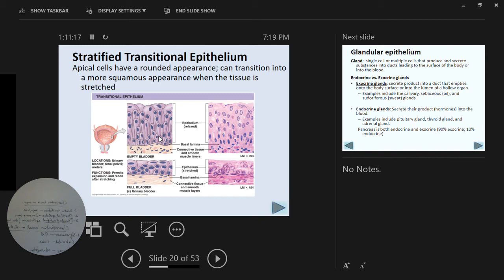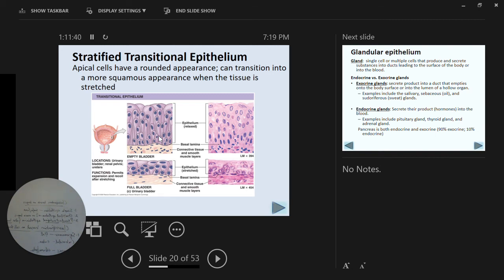So by the time it's stretching, it will now appear flat. Can you picture what I'm saying? It's just like you have something that looks like this before, then you stretch it out. The top will now look flat, right? Yes, good. That's what is going to happen. So it will look like flat cells when it's full.